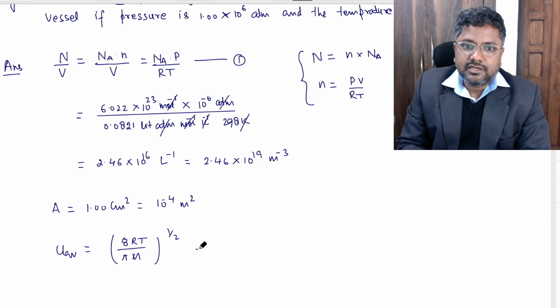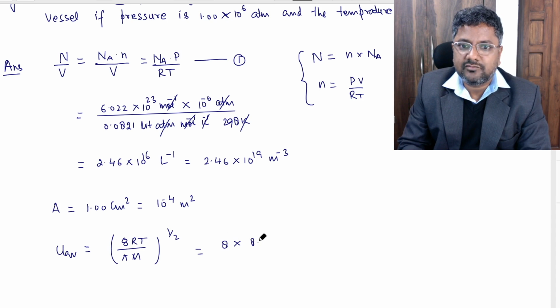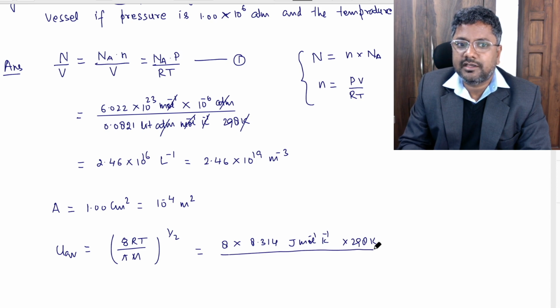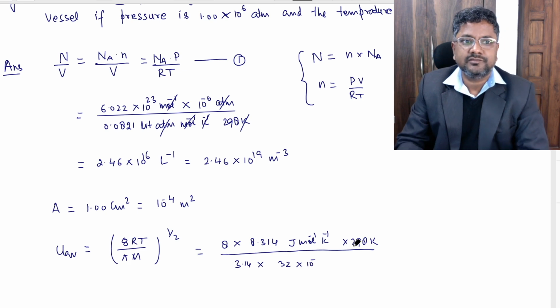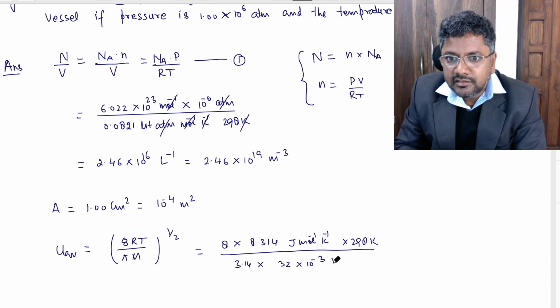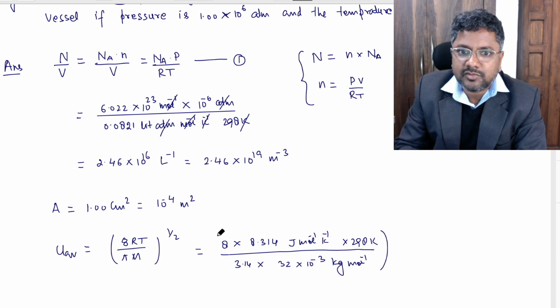So this is equal to 8 into 8.314 joules per mole per Kelvin into 298 Kelvin, divided by 3.14 multiplied by the mass of oxygen, 32 into 10 to the power minus 3 kilograms per mole, whole to the power 1 by 2.